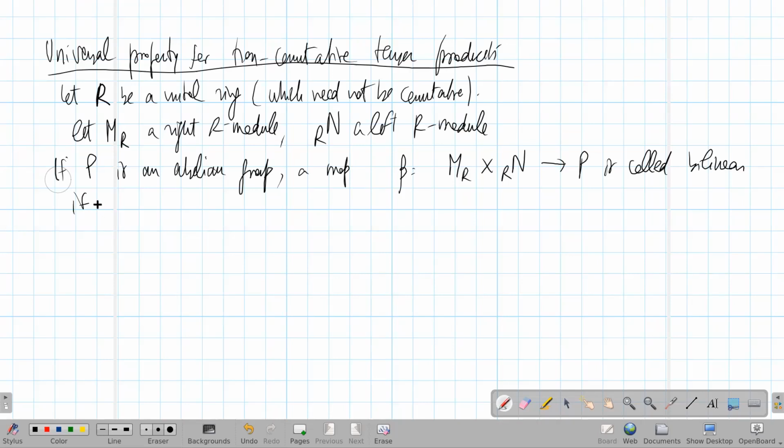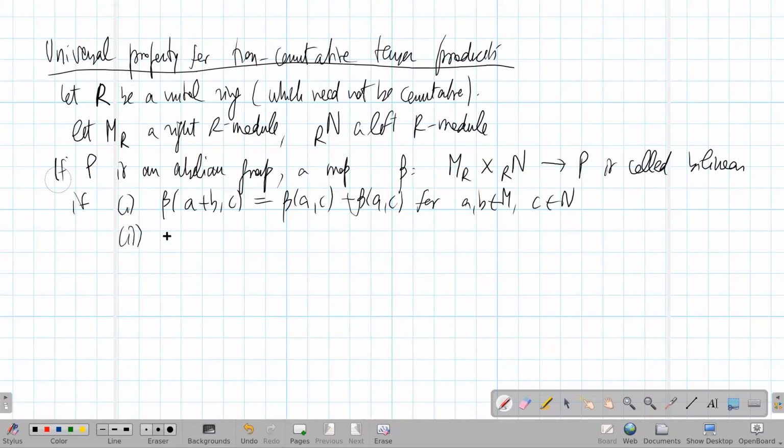The first two conditions state that beta is a morphism of abelian groups on each component. So this means that beta(a + b, c) equals beta(a, c) plus beta(b, c) for all a, b in M and c in N. Which tells you if you fix the second component, then the resulting map from M to P is a morphism of abelian groups.